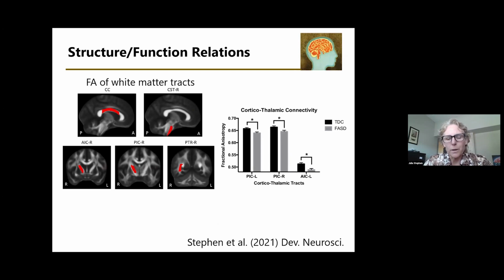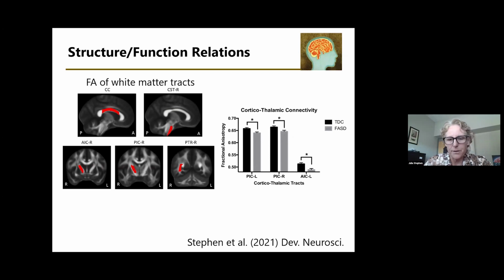And so we looked at the cortical thalamic connectivity in these kids with FASD to see if the structural, the fractional anisotropy specifically, measured with diffusion tensor imaging, was different in the kids with FASD. And in this case, these different cortical thalamic tracts showed reduced fractional anisotropy in the kids with FASD.